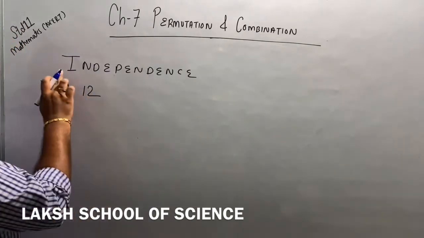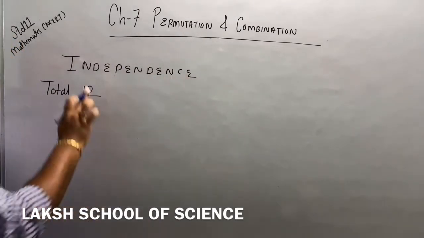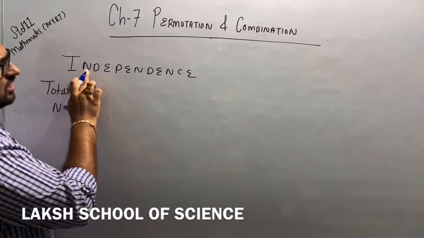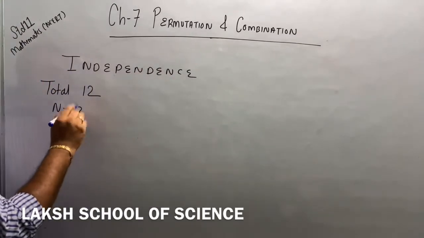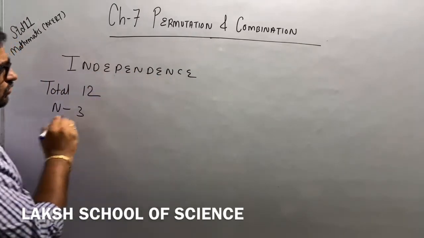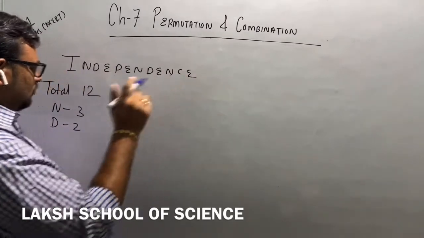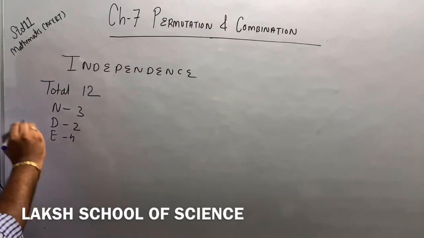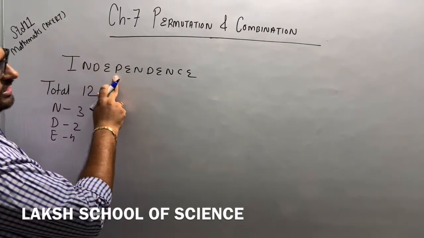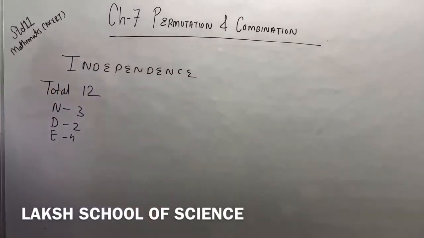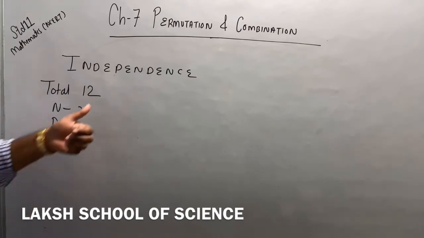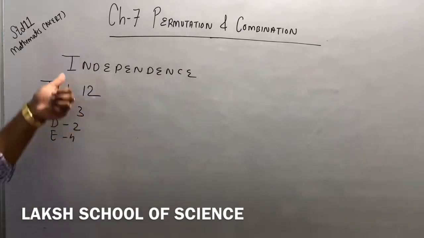Now how many times is I there? One time, so no need to write it. N 1, 2, 3. D 1, 2. E 1, 2, 3, 4. P only once, so no need to write down. C only once. So now see 3 N, 2 D, and 4 E, that is 9. Now the three remaining letters are P, C, I.